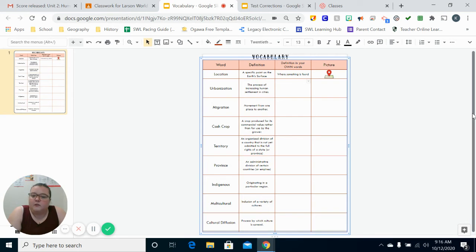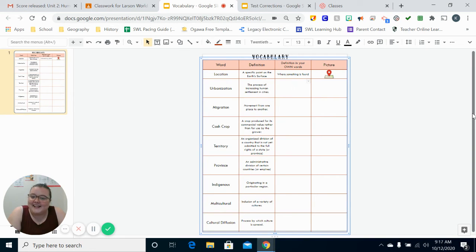Migration is the movement from one place to another. Cash crop is a crop produced for its commercial value rather than for use by the grower. Territory is an organized division of a country that is not yet admitted to the full rights of a state, or in Canada's case, a province.